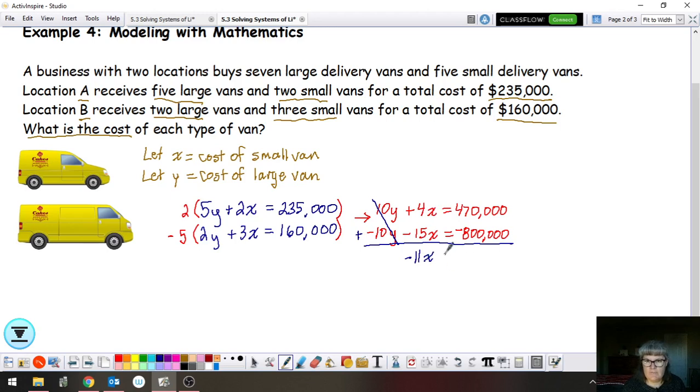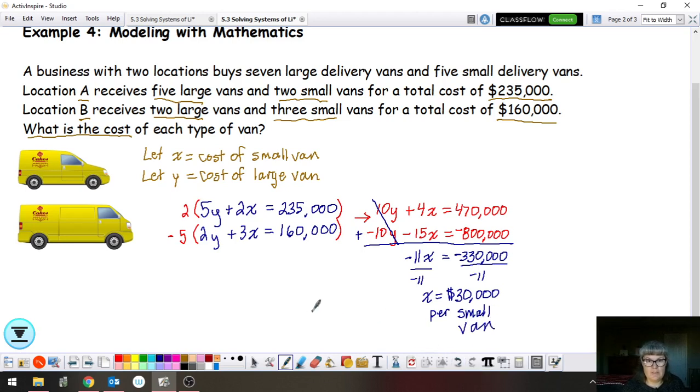So we're going to solve for the cost of a small van equals negative, because 800,000 is larger, 330,000, divide by negative 11, and a negative divided by a negative will give us a positive 30,000, and since x is the cost, we want a dollar sign on that. So x is $30,000 per small van.